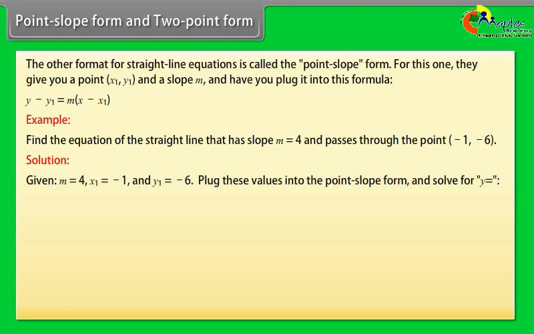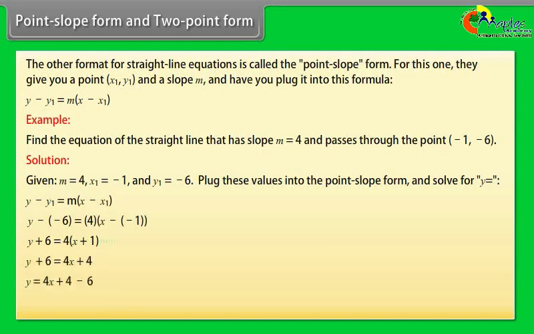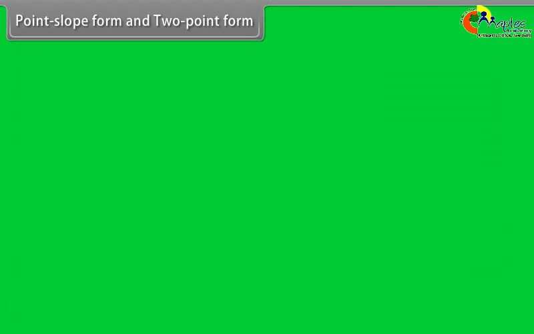Plug these values into the point-slope form, y minus y1 is equal to m into x minus x1. Substitute the values in the above equation and on solving for y we get y is equal to 4x minus 2, which is the required equation.